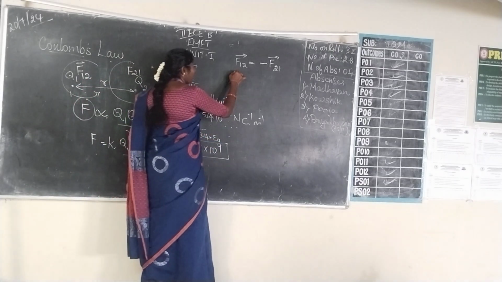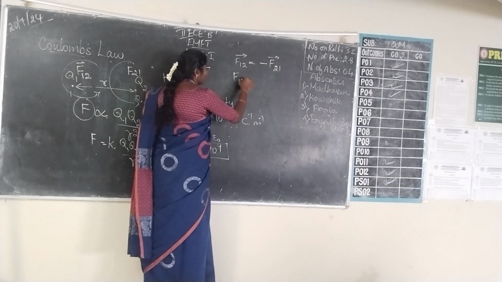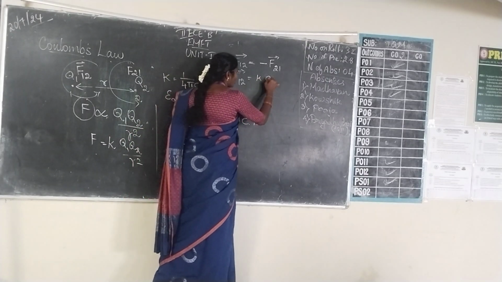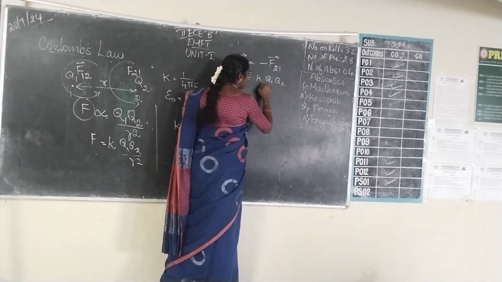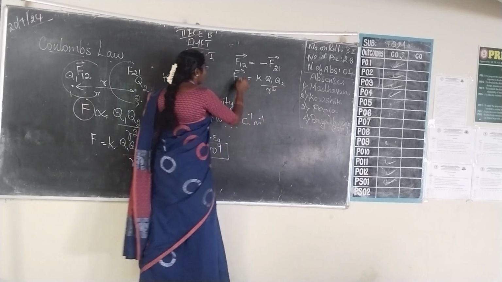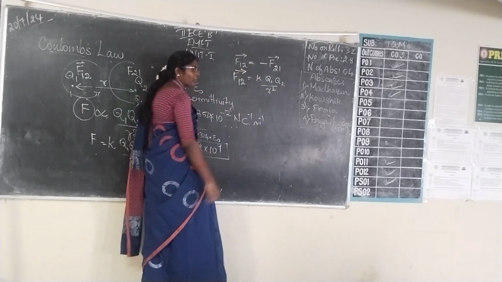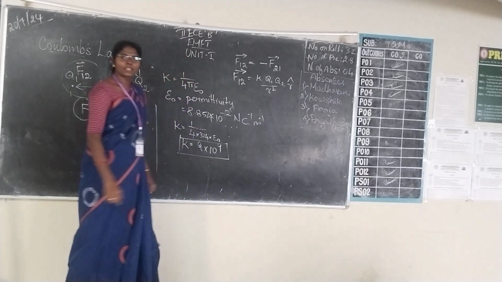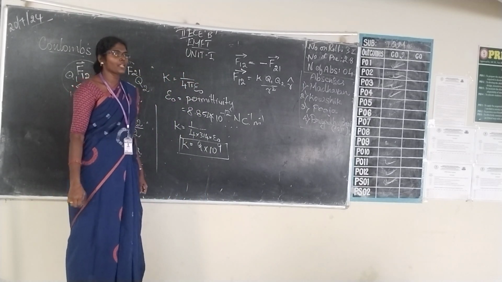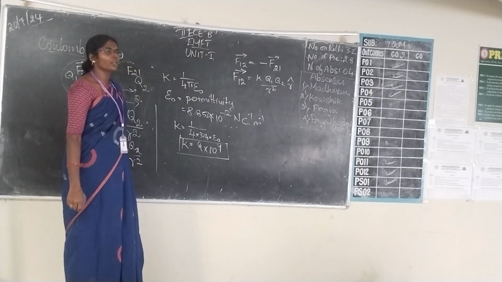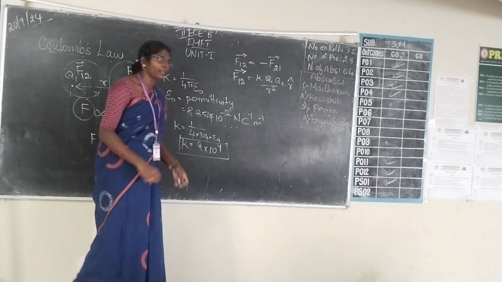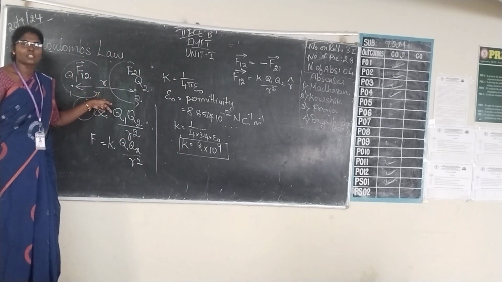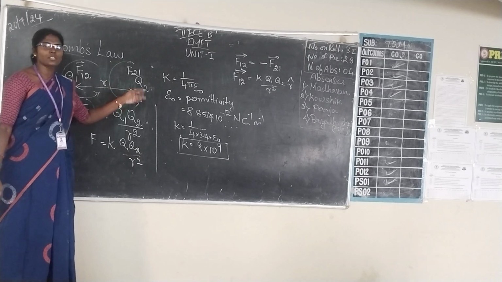Now, writing this in terms of Coulomb's law, F12 vector is equal to K into Q1 Q2 divided by R square. Since I am denoting it as a vector quantity, I have to put R cap here. Clear? This is how the formula arises. F12 is equal to minus F21 because the force of Q1 is inwards and the force of Q2 is outwards.